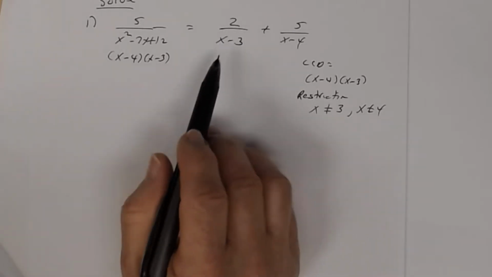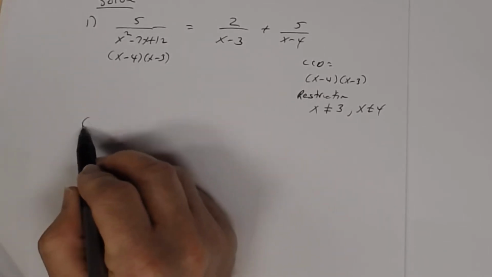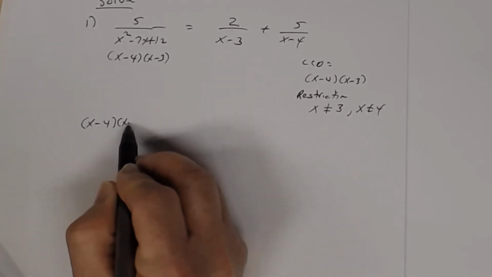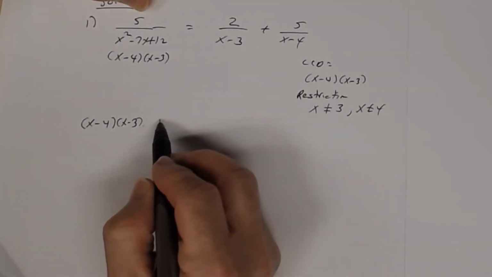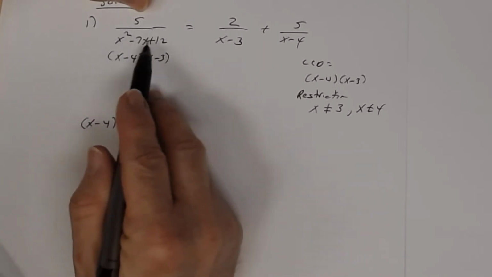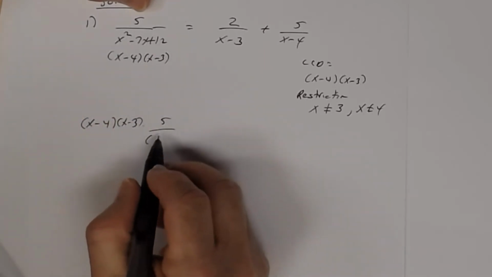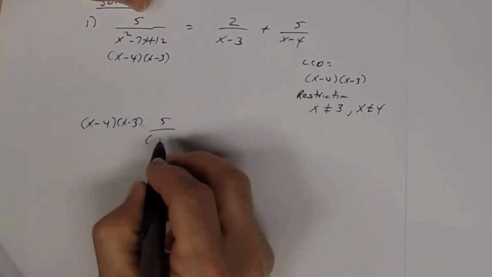So when the process, we're going to put this in parentheses. So I have the LCD, which is x minus 4 times x minus 3 times the left-hand side, 5 divided by, and leave it in factored form. Don't leave it as a trinomial. Leave it in factored form, and the reason is because these factors are the same as these, and so you can easily see that they will divide out.